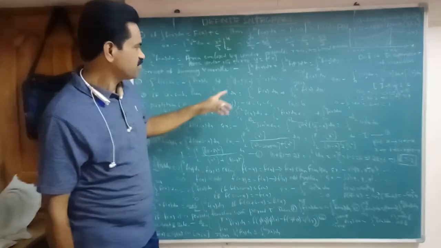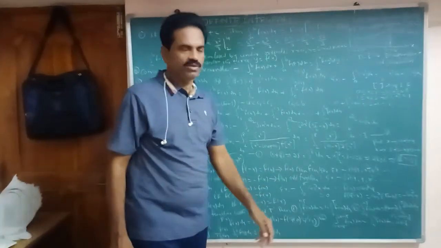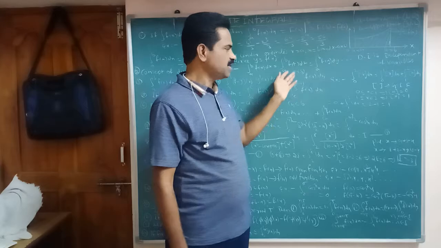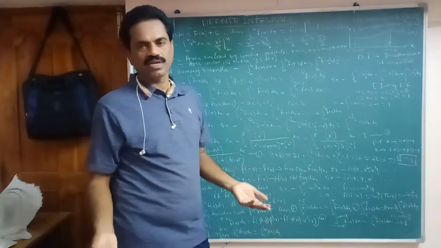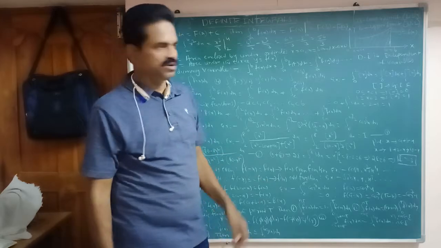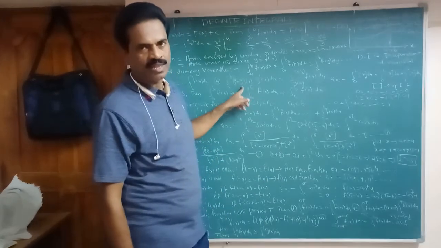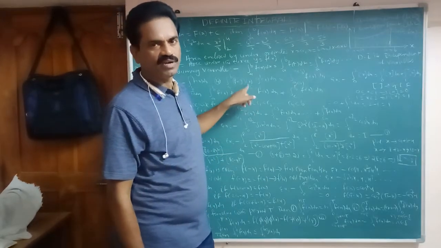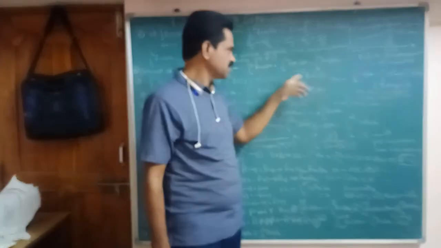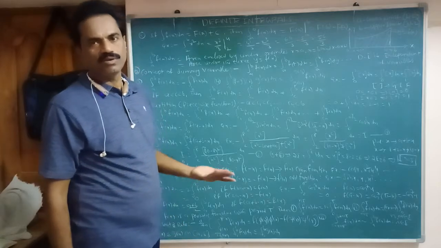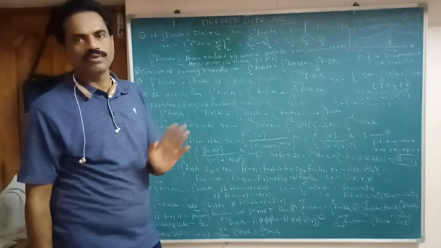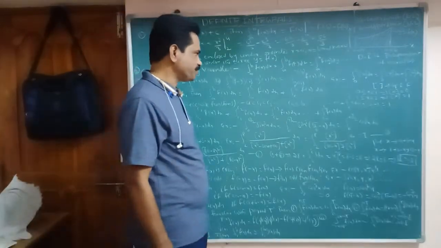Then it equals integral g of a to g of b f of x dx. Here f of t dt is nothing but f of x dx also. If g of x equal to t, then g dash x dx equals dt. So using the concept of dummy variable, we can write a to b f of x dx equals a to b f of t dt.